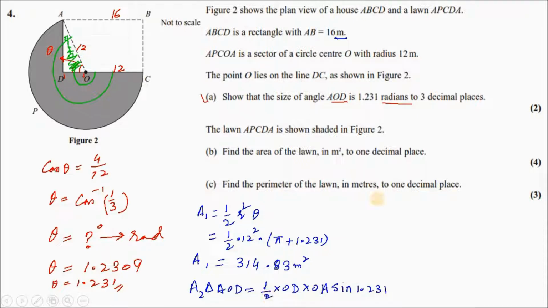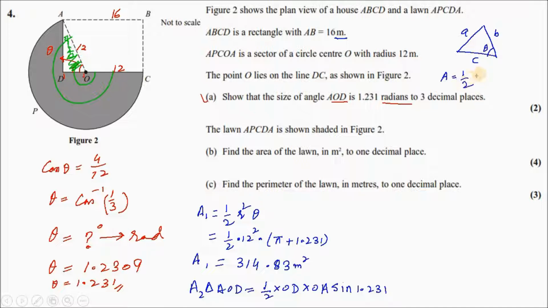What is this formula? Remember, if you have any triangle with sides A, B, and C, and suppose the angle given is theta, the area of the triangle is half of the two sides in which the angle is included.